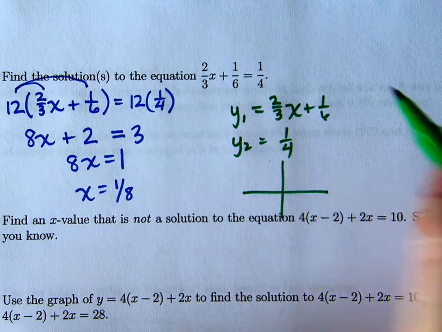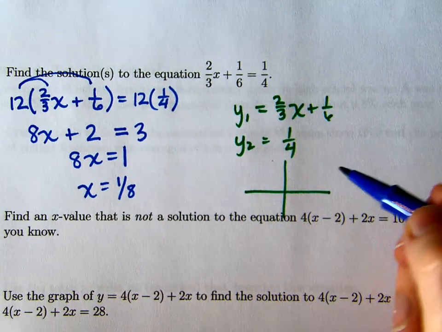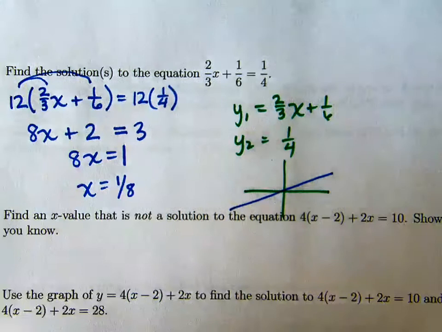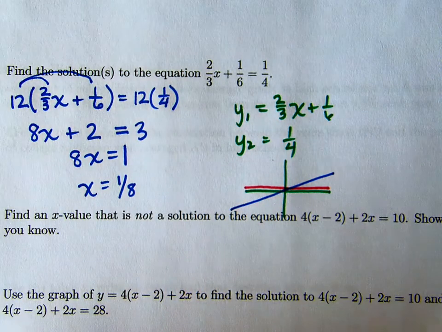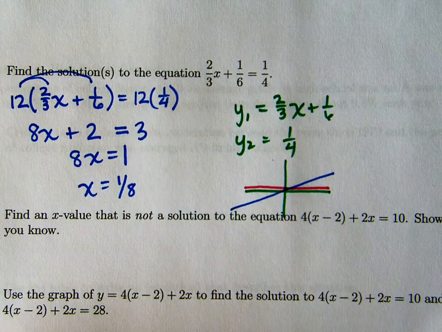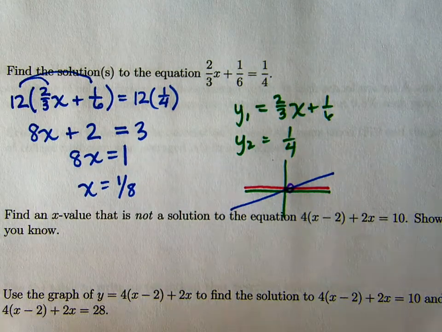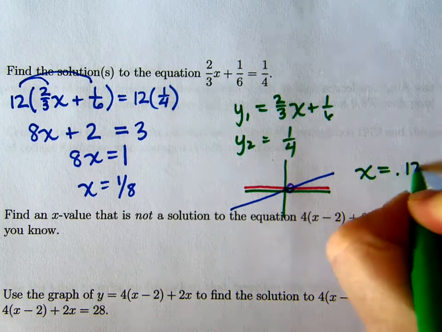The graph, very interestingly, looked something like, I don't know, I couldn't make it any more precise than that, but they were very close together. And it said that x equals 0.125.